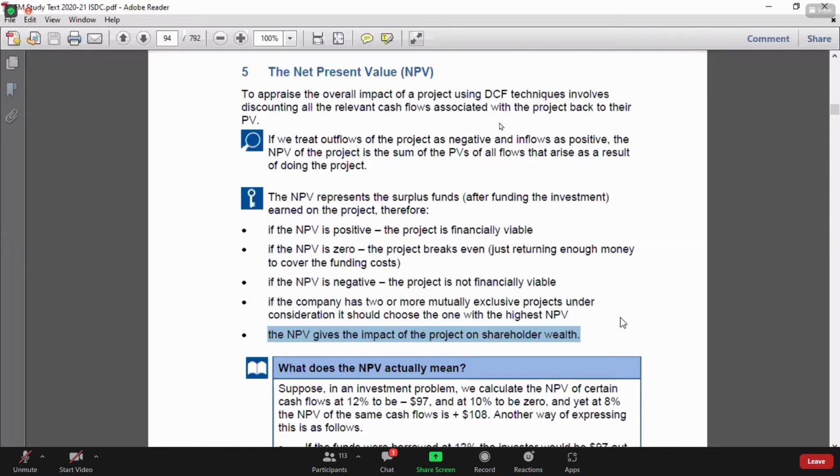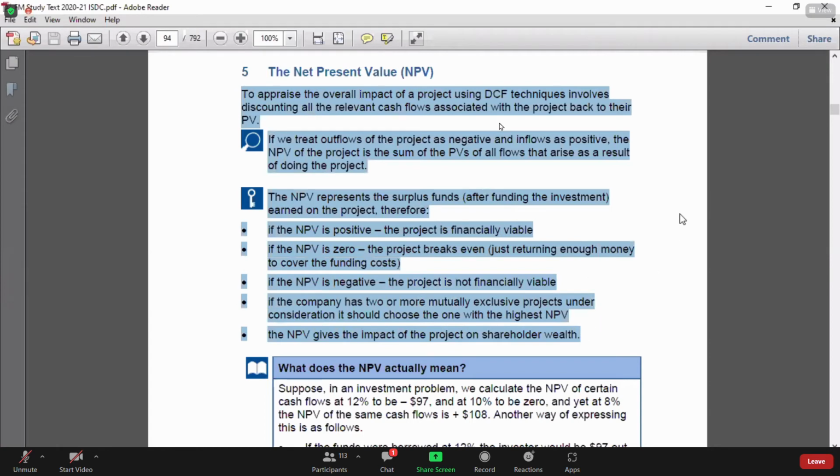Okay. So before we go to the next step, I want everyone to please look at this highlighted part and let me know if you have any questions.